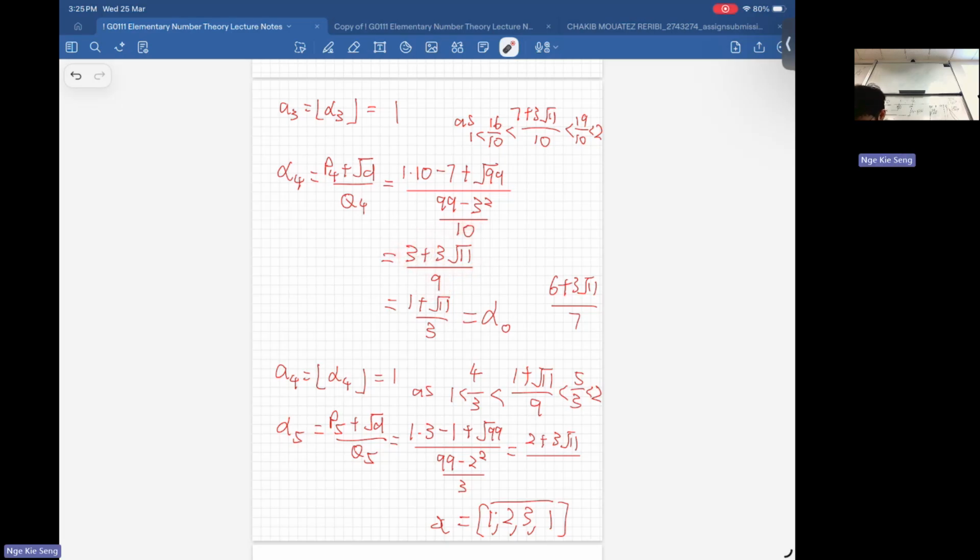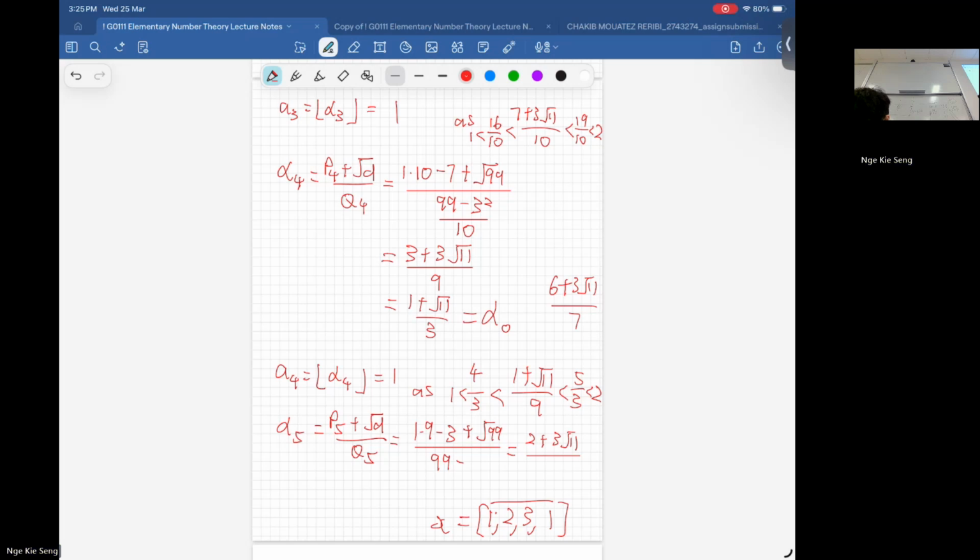So in this formula, what you should take is 3. I should take 1 times 9 minus 3 over 99 minus 6 squared, because 9 minus 3, and then over 9 in this case.